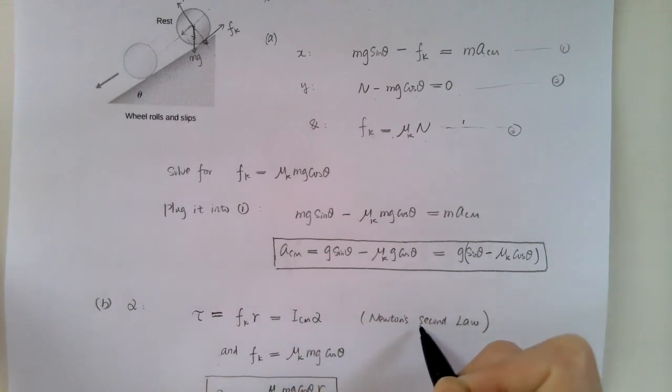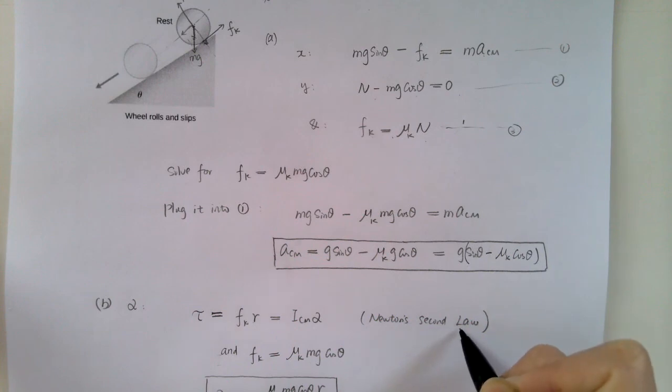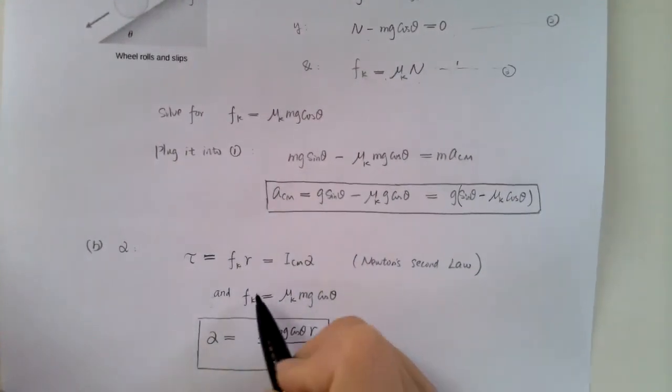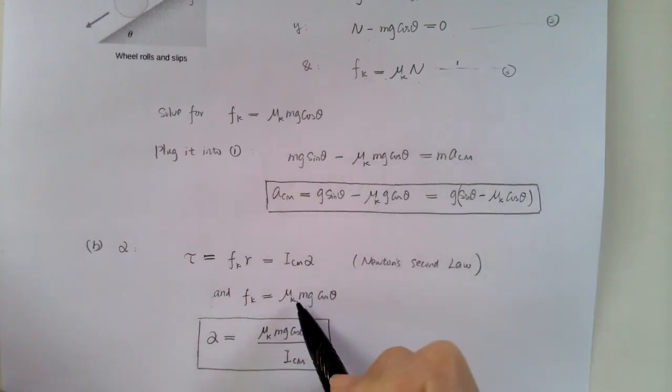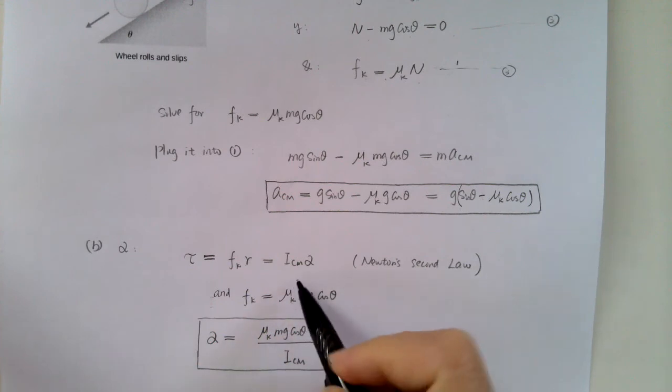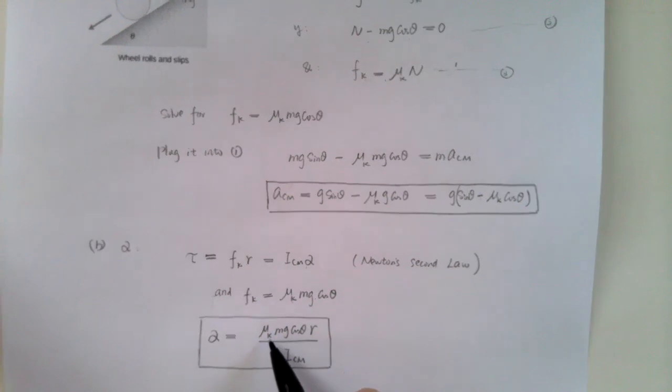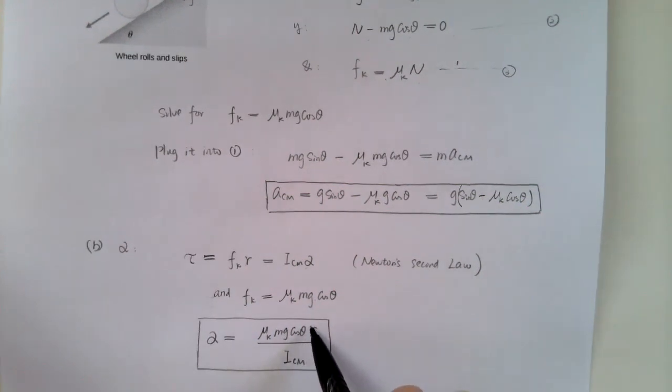This is Newton's second law applied to rotation. Then we plug in Fk equals mu k N equals mu k mg cosine theta, and we can solve for alpha. The angular acceleration equals mu k mg cosine theta times r over I_cm.